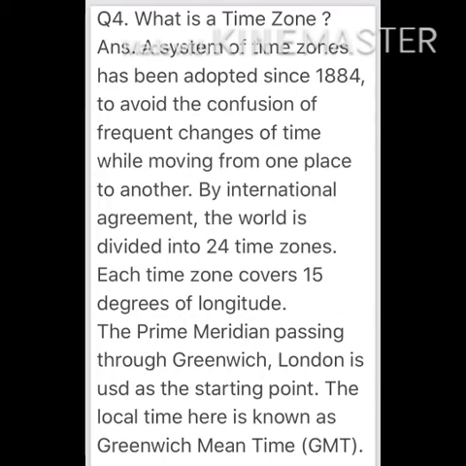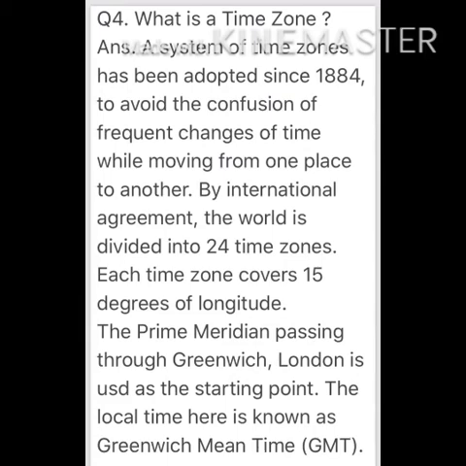To avoid the confusion of frequent changes of time while moving from one place to another, full stop.